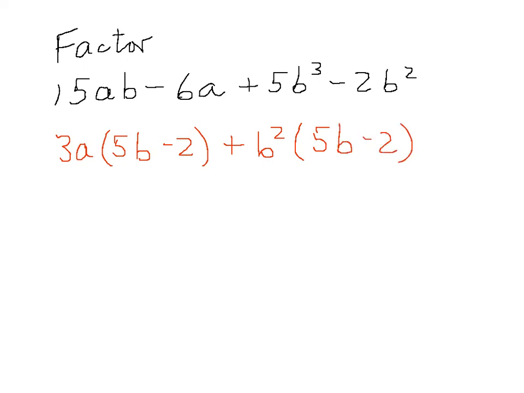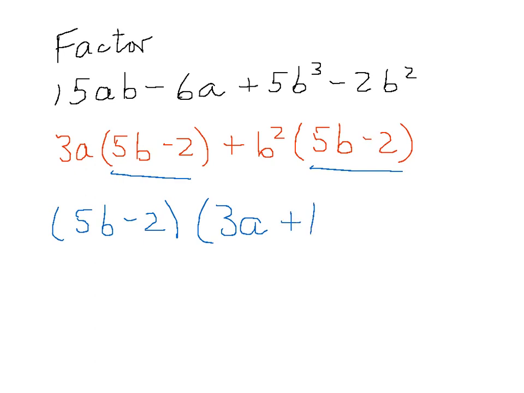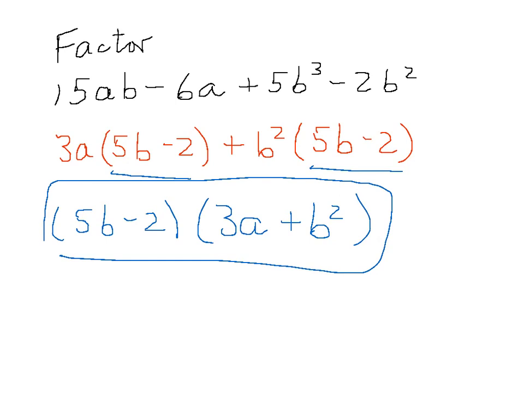It's always a big deal when you get the same term. So I factor that out, 5b minus 2, that's my common factor, and I get 3a plus b squared. Ta-da! Make sense? Aren't they fun?